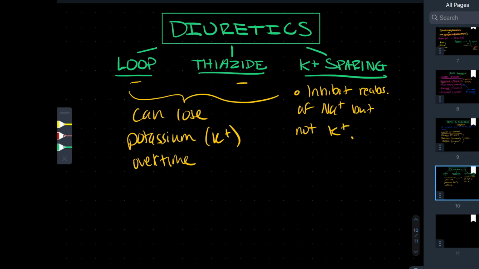This does mean, though, that you could also have a problem where you have too little sodium but too much potassium, which can happen on potassium-sparing diuretics.